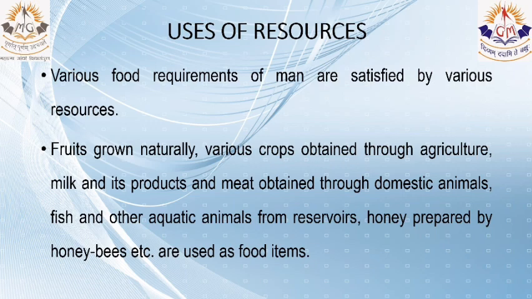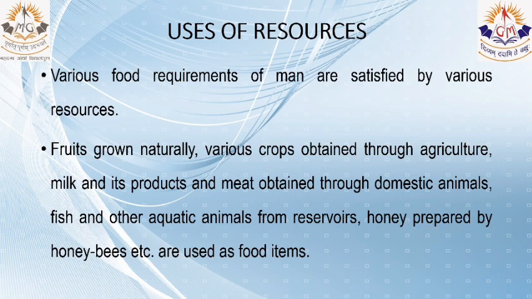Now we try to classify the various resources available to us into first food, second as raw material for industry, and third as a source which will satisfy our energy needs, that is, elements that can be used as energy resources.